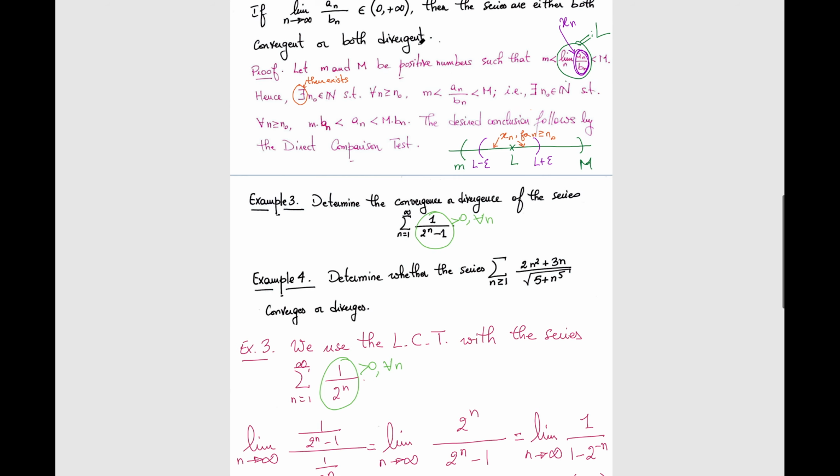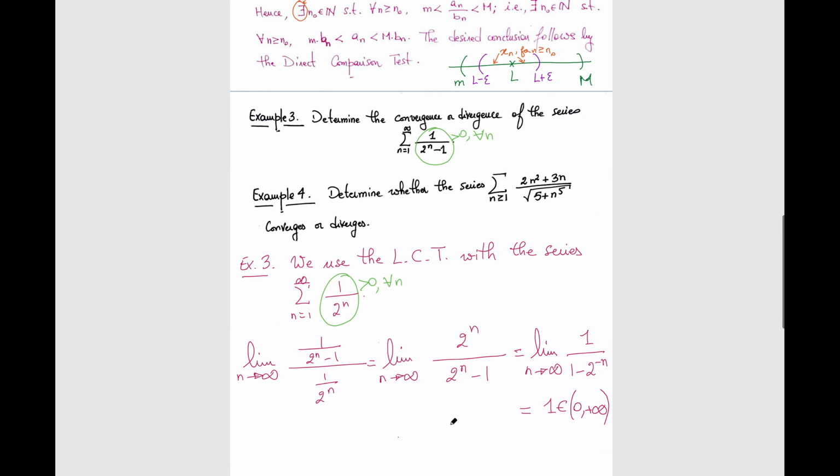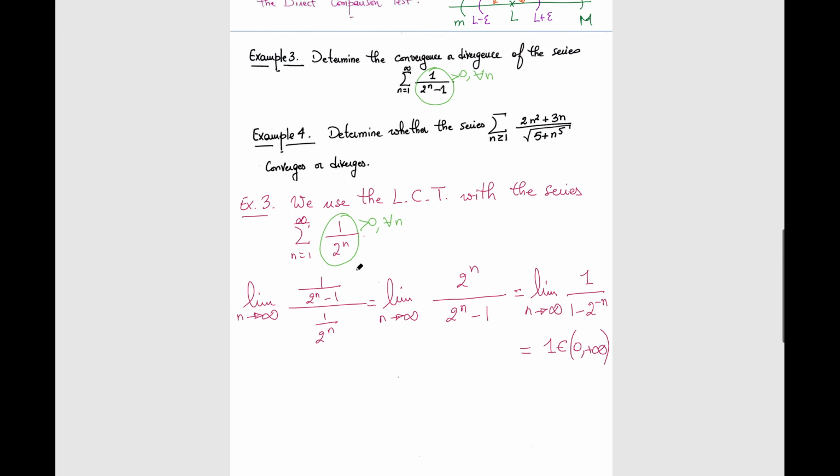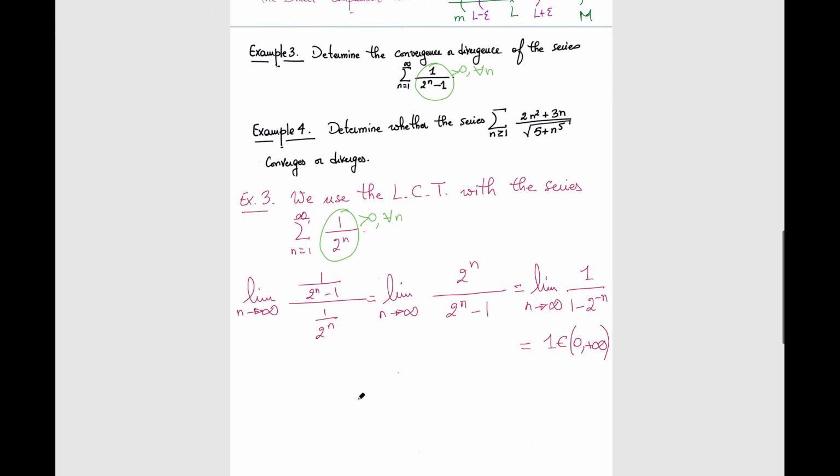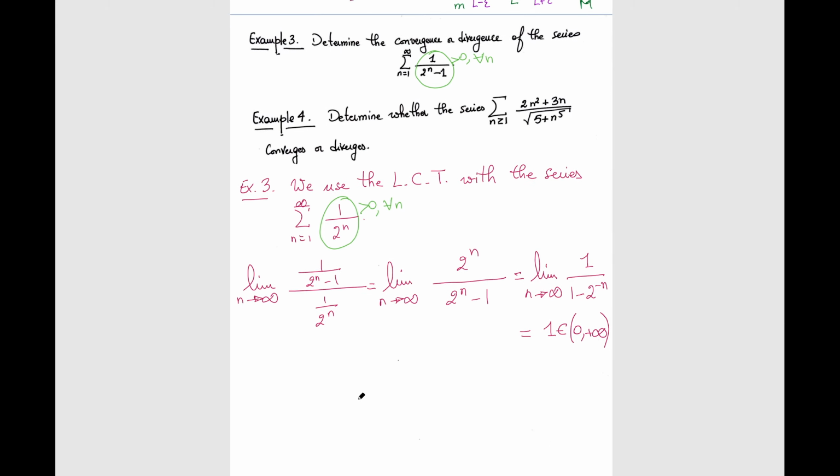If that's the case, then the two series have the same nature. So they're either both convergent or both divergent. Well, what do you know about this series? This is a geometric series whose first term is 1/2 and common ratio is also a half. Since the absolute value of the common ratio is less than 1, that's going to be a convergent series.